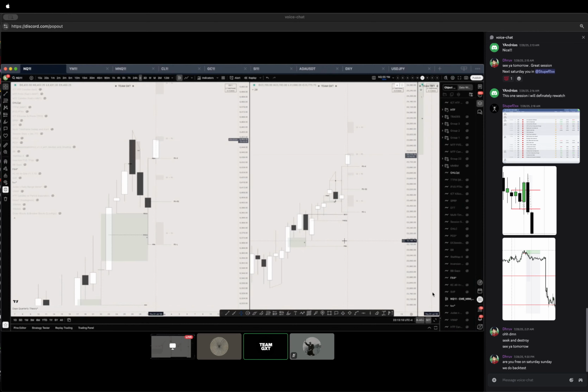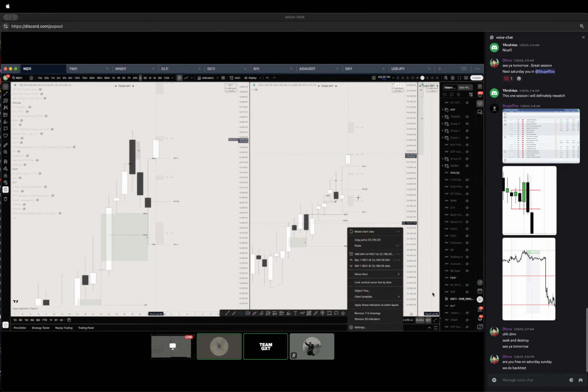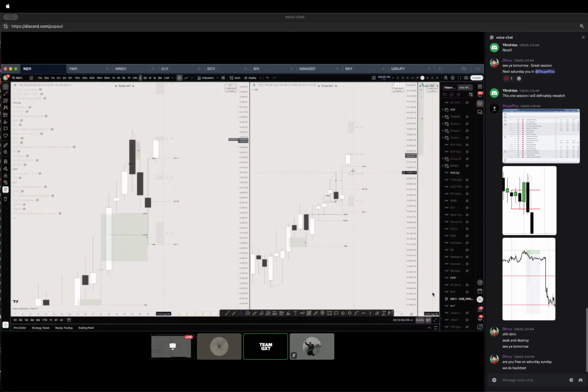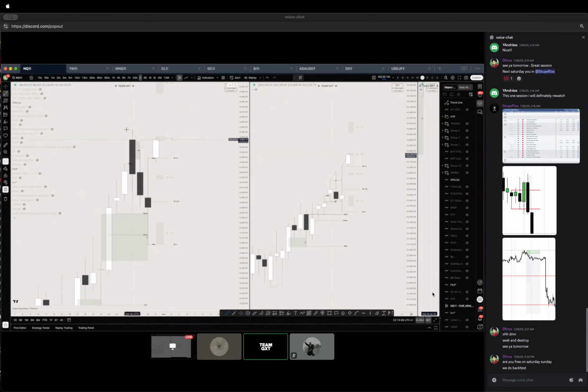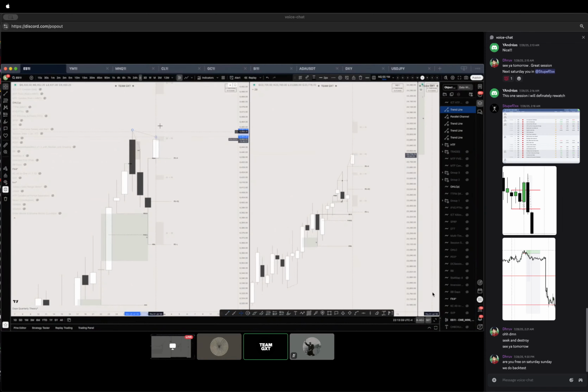Just trying to save a little time every day, drawing so many lines. Okay, so we've already taken the objective here on NQ. So we do currently have this divergence at the moment. Kind of don't think that's going to last.